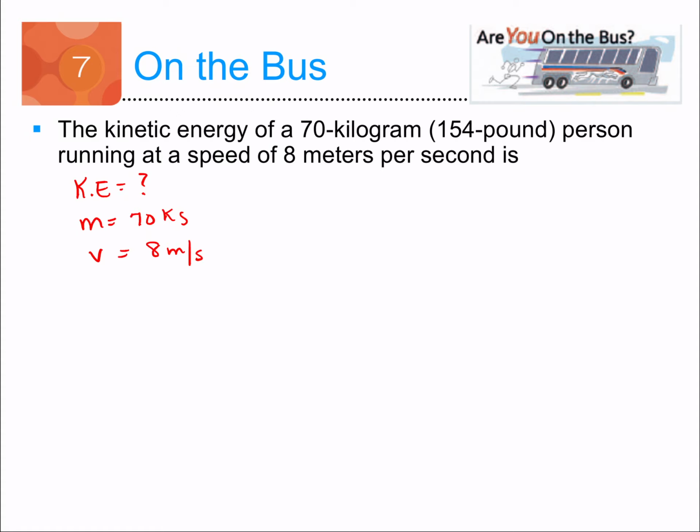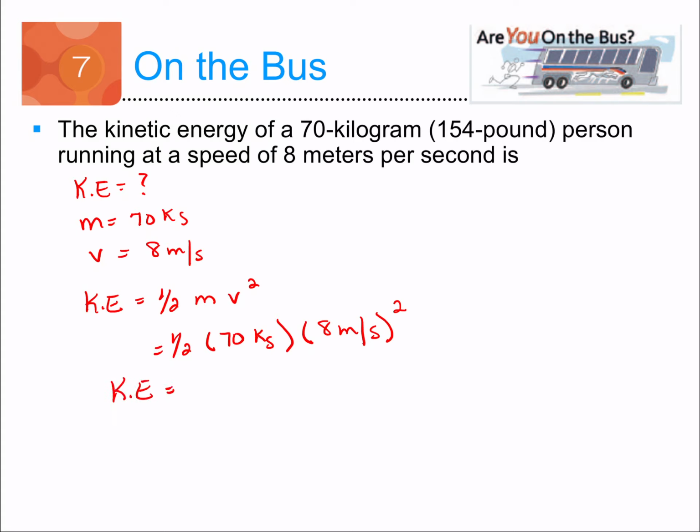We wouldn't get our units of joules. So kinetic energy is 1/2 mv squared. So we have 1/2 times 70 kilograms times 8 meters per second squared. So our kinetic energy is going to equal 2,240 joules.